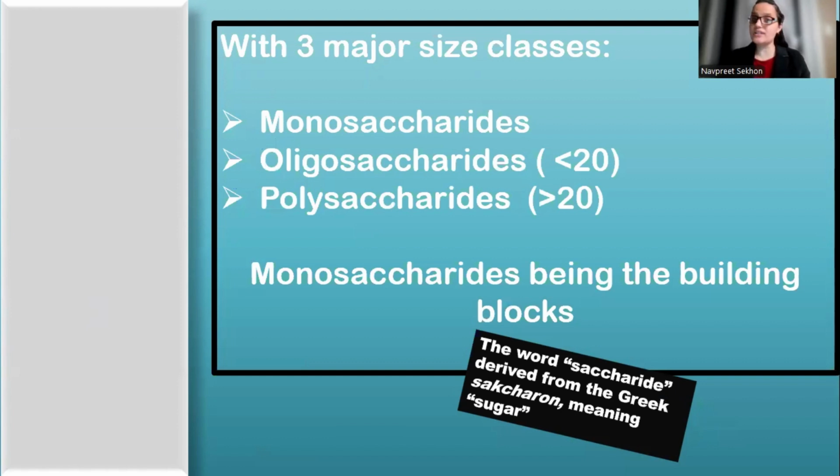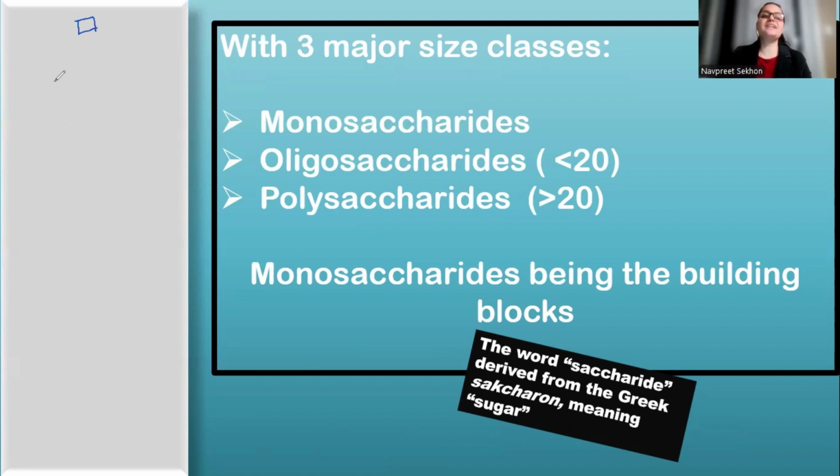Now, no matter how large a carbohydrate is, the basic subunit of all carbohydrates is the monosaccharide. A monosaccharide is just as if there is one block over here. They are not square or rectangular, but it's just the representation. So a monosaccharide is a single unit, right?